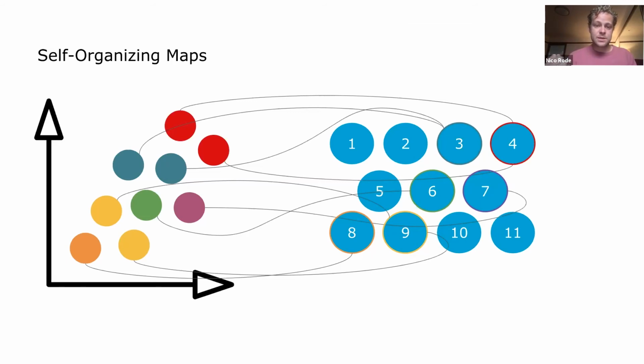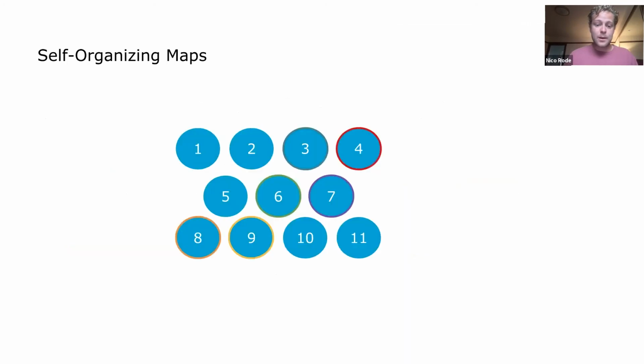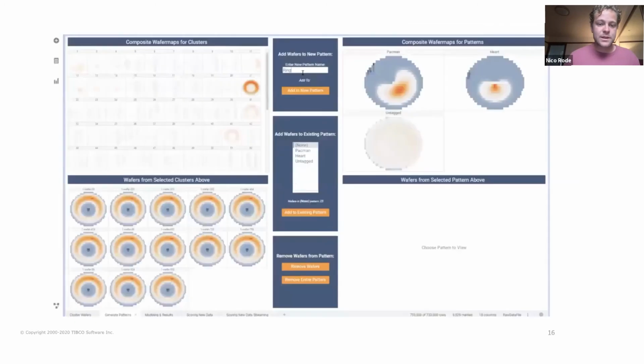And so what this does is it adds a different dimension, a different layer to your clustering, where yes, you have these clusters, but the clusters are spatially relevant to each other. So what this looks like in practice is, we did this on our wafers, and we took this graph, this neural network, and we basically pasted it on a Spotfire dashboard. So practically speaking.